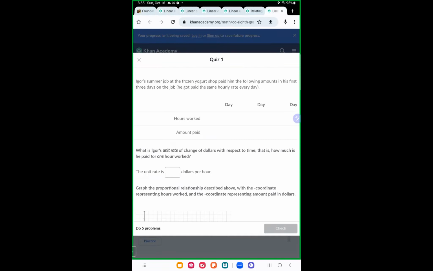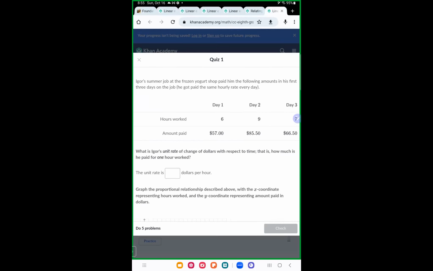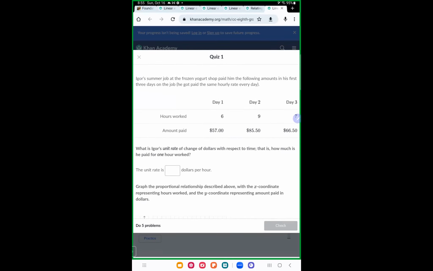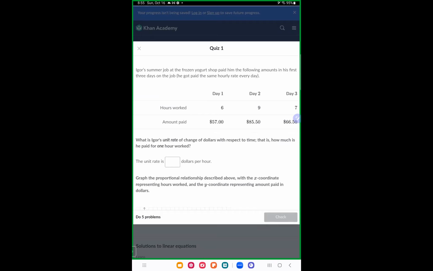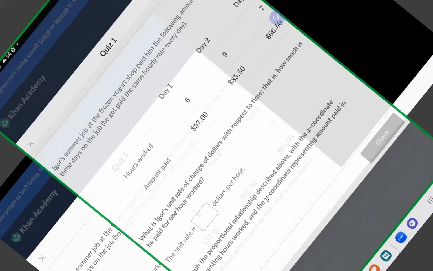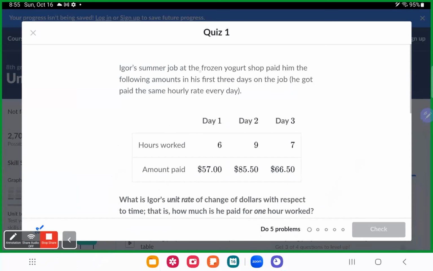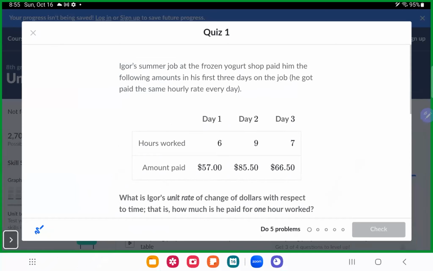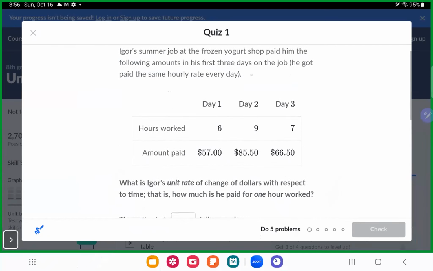Igor's summer job at the frozen yogurt shop paid him the following amounts in his first 3 days on the job.